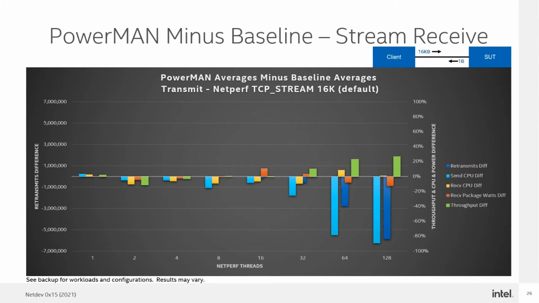Specifically the 64 and 128 thread cases, where you can see in the dark blue, the retransmits again were about 3 million fewer for 64 threads, and about 6 million fewer for 128 threads. This corresponded to less power usage in the orange for both of those cases, and also an increased throughput for both of these by about 20%. Next slide, please.